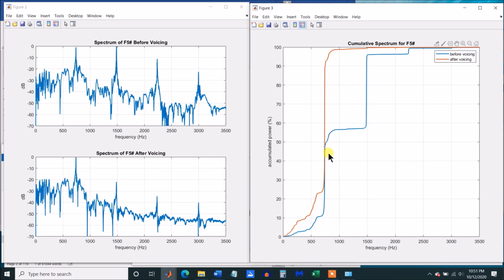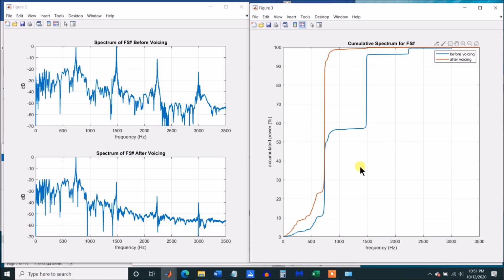So about 40% contribution here from the first partial, and about 30+% contribution from the second, and then some from the third partial. After voicing, you have percentage-wise a little bit more power down below the first partial over here, but you can see almost all of it is at the first partial, and there's a little bitty hump here, but not much, and then virtually nothing at the third.